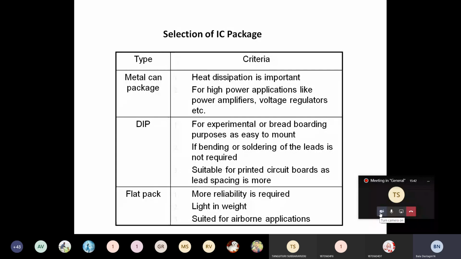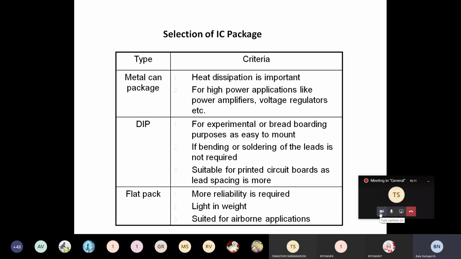Bending or soldering of the leads is not required here, and it is also suitable for printed circuit boards as lead space is more. So the DIP dual inline package is mostly used for ICs used for experimentation, or for ICs purposely used for PCB designing. The next one is flat pack.